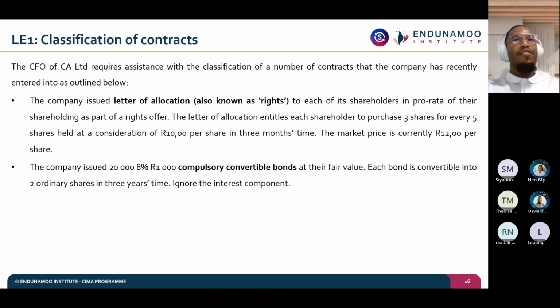So here we have rights that have been allocated to shareholders. These rights entitle each shareholder to purchase 3 shares for every 5 shares held, and each share is going to be purchased at 10 Rand in 3 months' time, and the market price is currently 12 Rand per share. How do you suppose this would be classified? The first thing we'd need to consider is: does the entity, being CA Limited, have a contractual obligation to deliver cash to the shareholders?